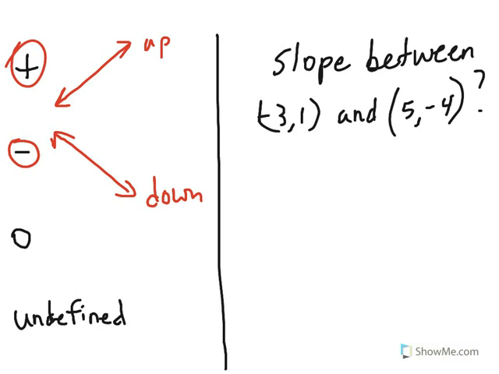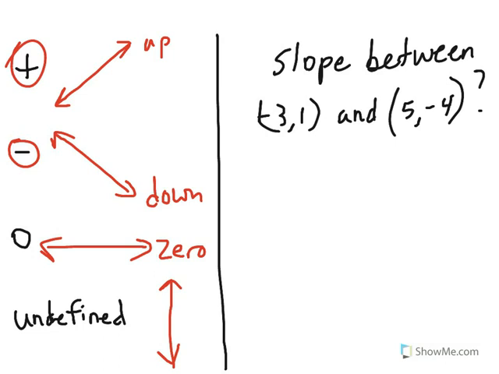Now a zero slope, if you think about this as being the steepness of a line, which basically is what slope is, how steep is that line, well, zero means it's not steep at all. That means it's flat. I don't have a hill or any kind of slope that I go up or down. Completely flat. That is a zero slope. Now the opposite of that would be an undefined slope. Undefined means it's straight up and down, which means it's so steep that I can't actually measure it.